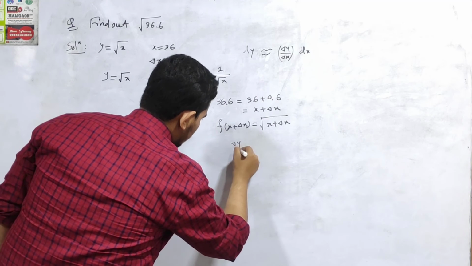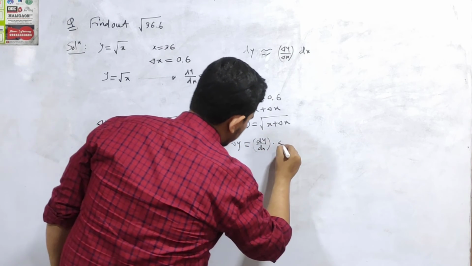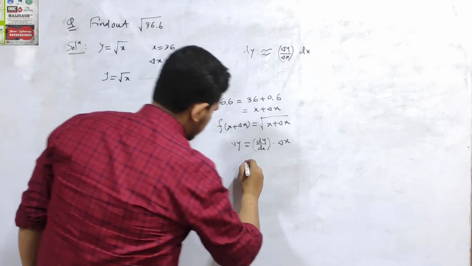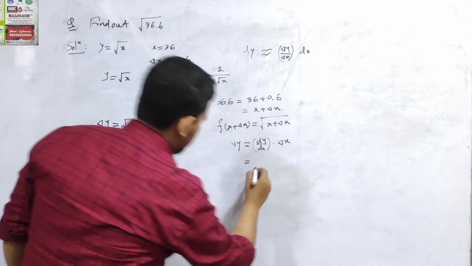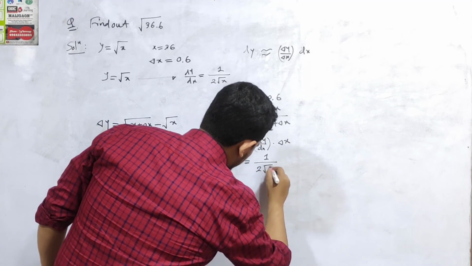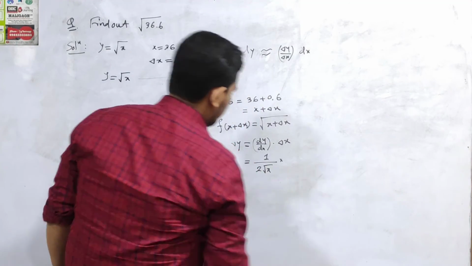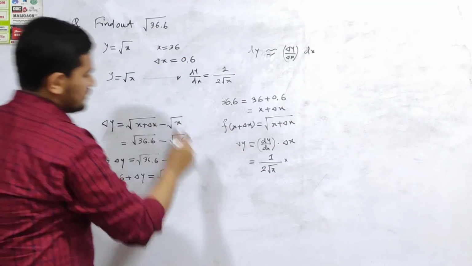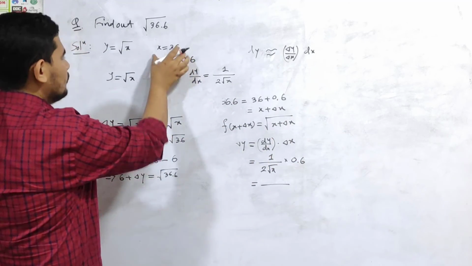So del y will be dy by dx into del x. So dy by dx is of this form, so I can write 1 by 2 root over x into del x. Del x is 0.6 and x is already known, 36.